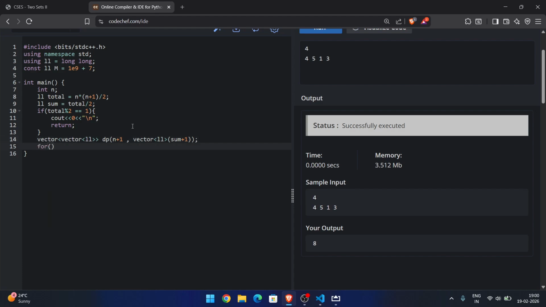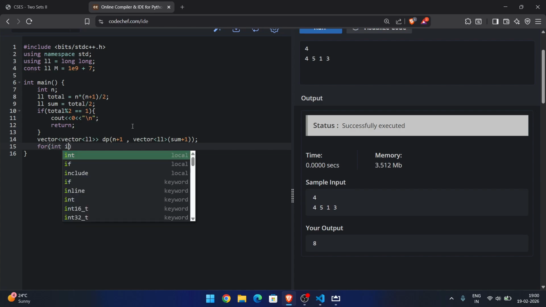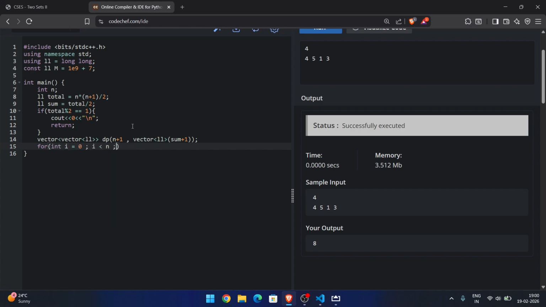Now for every i, I directly wrote 1, because that way we don't have to check for the zero condition and everything.